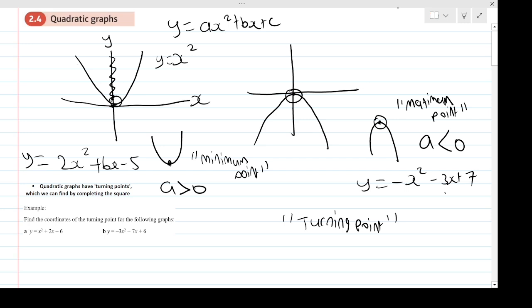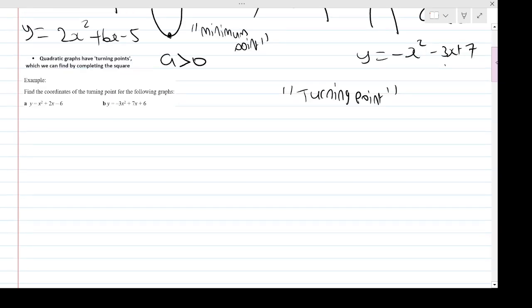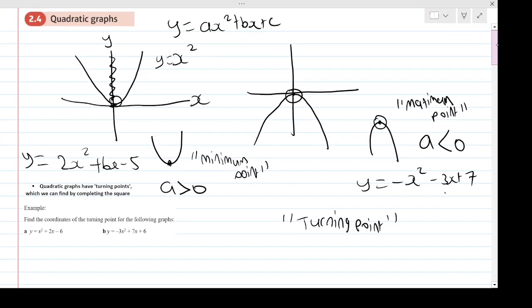But we'll look at more of that later on in the course, particularly when you look at differentiation. But I want to go over that now, because we can actually study this in more detail with the knowledge we have. Every quadratic will have a turning point, because every quadratic will either have a smile shape, remember, if the coefficient of x squared is positive, or a frowny shape when the coefficient of x squared is negative.